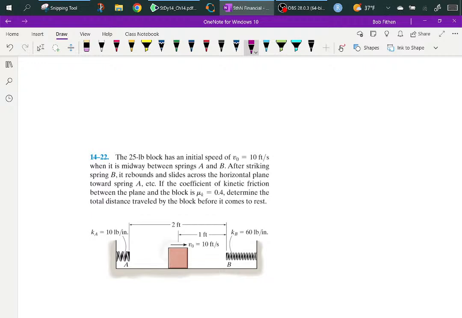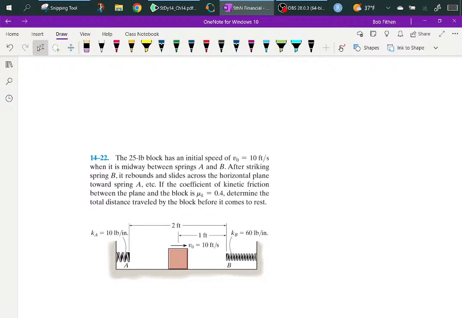This is a trick problem because there's only one case that would be an oddity, and even then, it's a little bit of a strange oddity. Here's the one oddity: the block ends up being stuck with a spring slightly compressed, and there's enough friction.